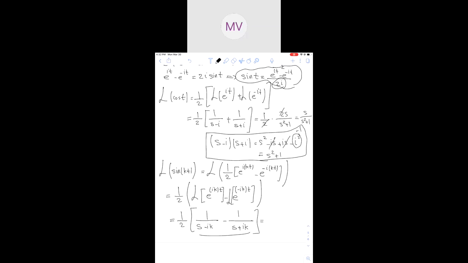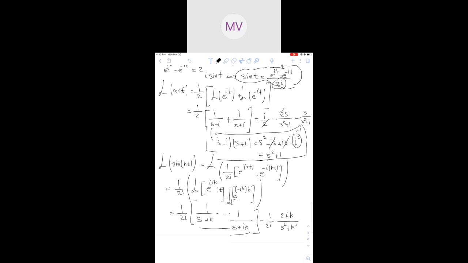I'm missing that i. So this should be 1 over 2i. So it's going to be 1 over 2i. So very simple. If you multiply those two denominators, you see it's going to be s squared plus k squared. And subtracting the numerators, it's going to be 2ik. That's why you need that i to be able to cancel out, okay?